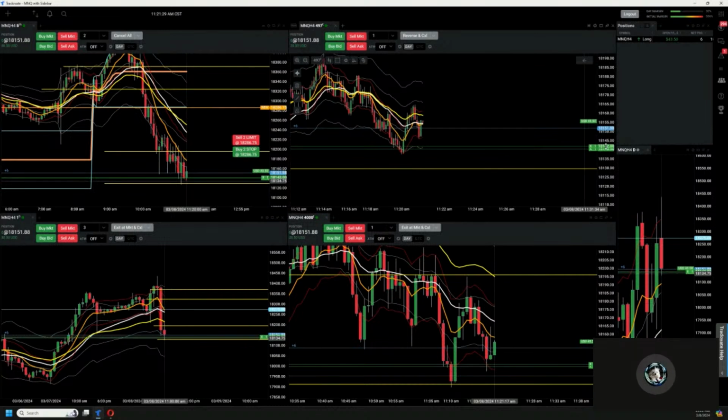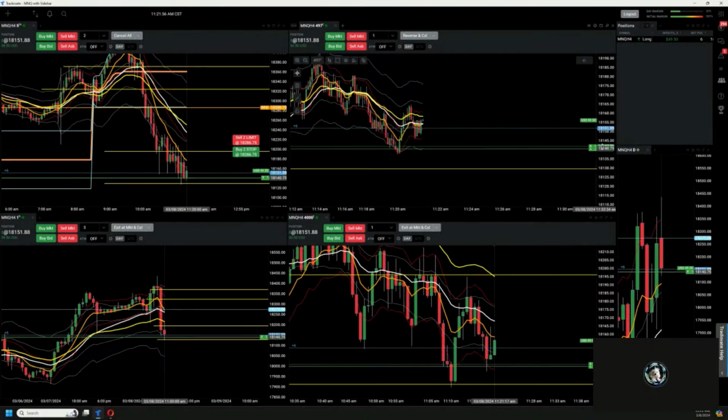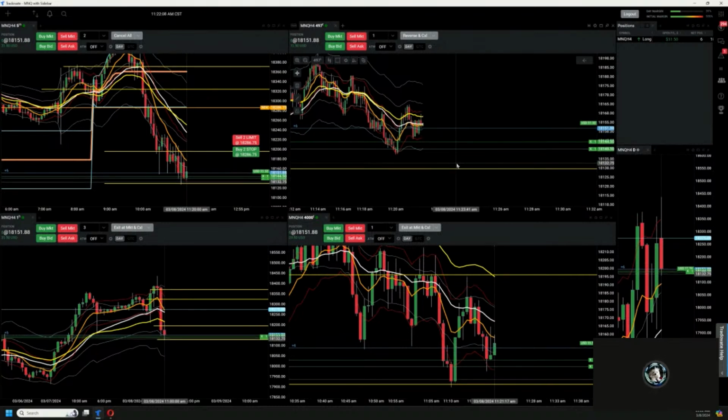But since you've mentioned it several times, it would be interesting to hear how you would do things differently between a small account versus a large account, and maybe when you trade a small account, what extra constraints on risk management you put in. I think someone told me over the last couple of days that it doesn't really matter if you trade 3 MNQs, 3 NQs, or 30 NQs. You should really trade the same way. So it'll be interesting to hear your perspective on the difference between a small and large account.